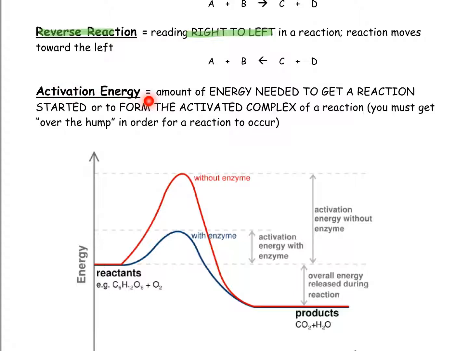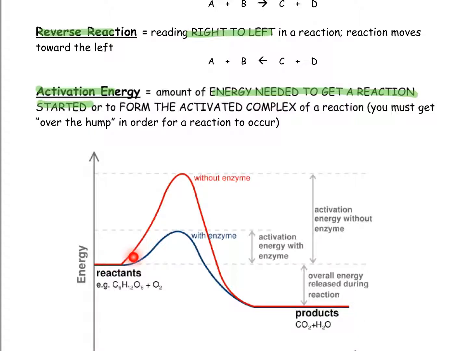Now my activation energy is the energy required to activate the reaction, or to get it started. If we're trying to make this reaction occur, we have to add a certain amount of energy in order for the reaction to occur at all.